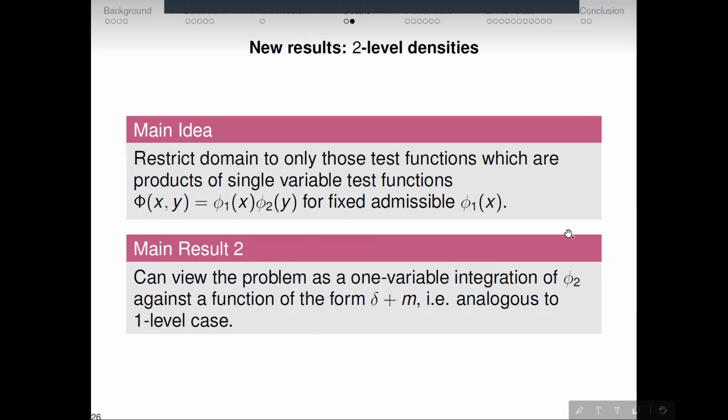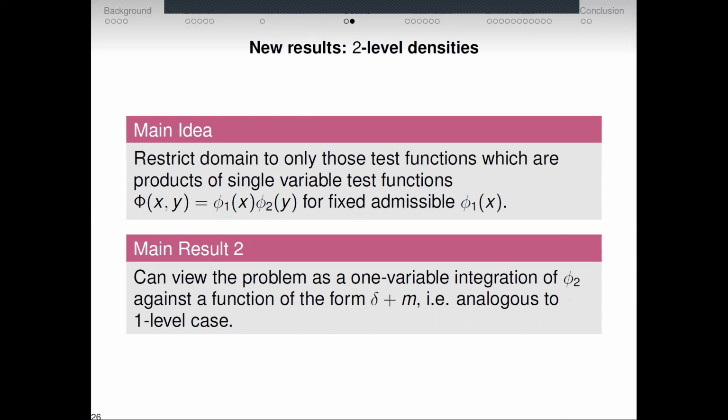And so the new results that we have is that, first of all, there are some restrictions because once you move to higher dimensions, it gets a little more complicated. So instead what we do is we study a restricted version of the optimization problem, by restricting to a domain of test functions which are products of single-variable test functions.